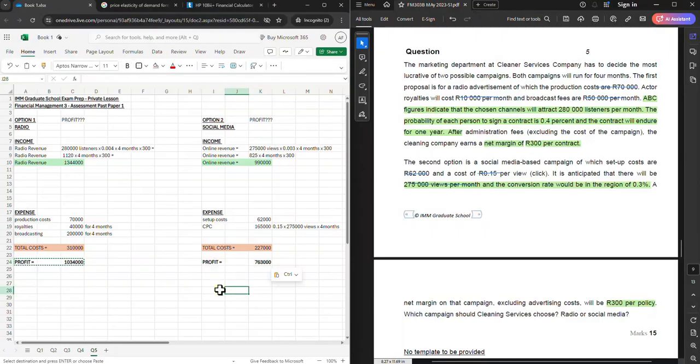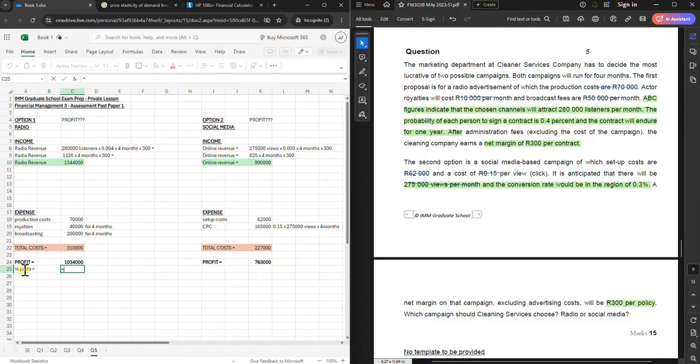Make sense? Yes. So we can see that for sure the direction to go is social media. Well, not actually. The radio here looks more. The profit's bigger, but let's look at it as a percentage.